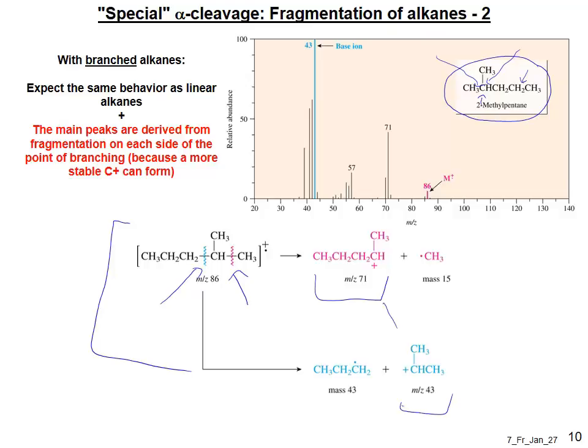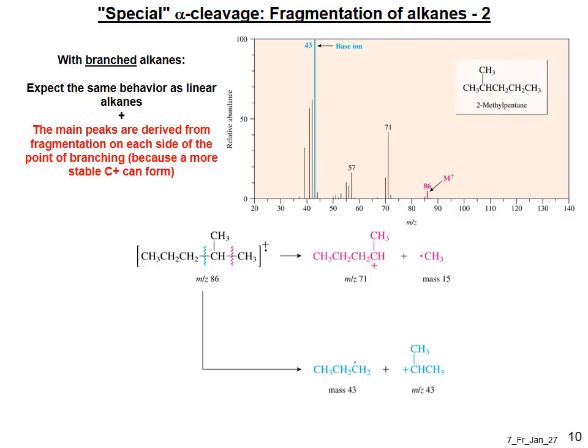Since these two carbocations are more stable, we can expect that for this branched alkane, fragmentation at these positions at the point of branching will be the predominant modes of fragmentation. So we should detect 43 on the spectrum. It is the base ion, and we should detect a 71, which is the second most important fragment for this molecule.